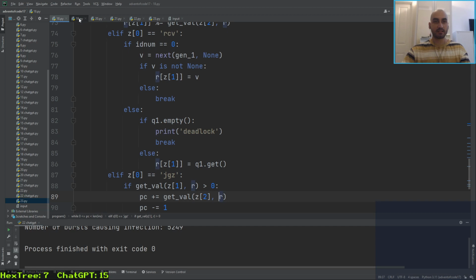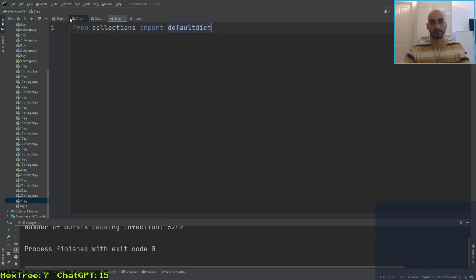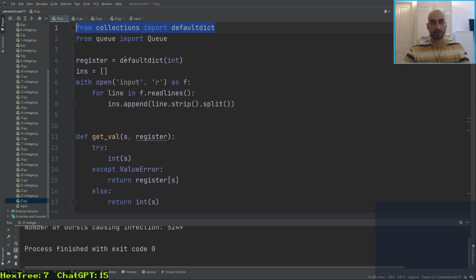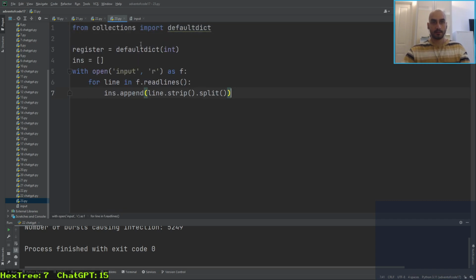Let's bring up 18 again to remind ourselves of how that worked. Alright, so yeah, we probably want default dict. Register equals default dict, okay. Instruction set is a list, register is a default dict.